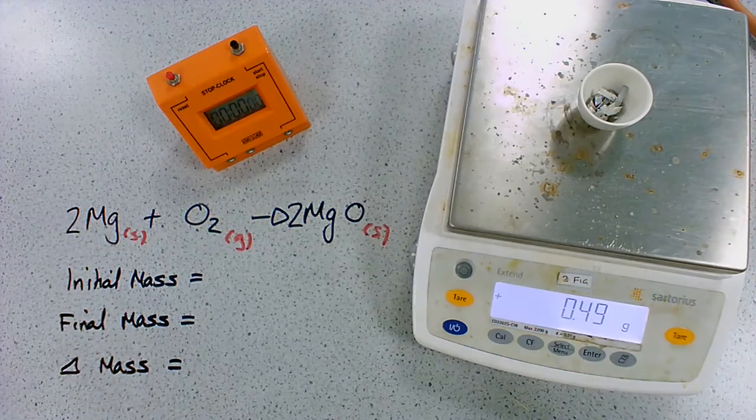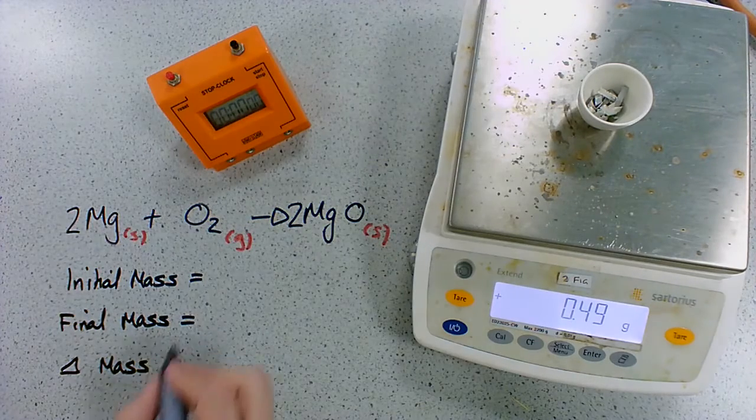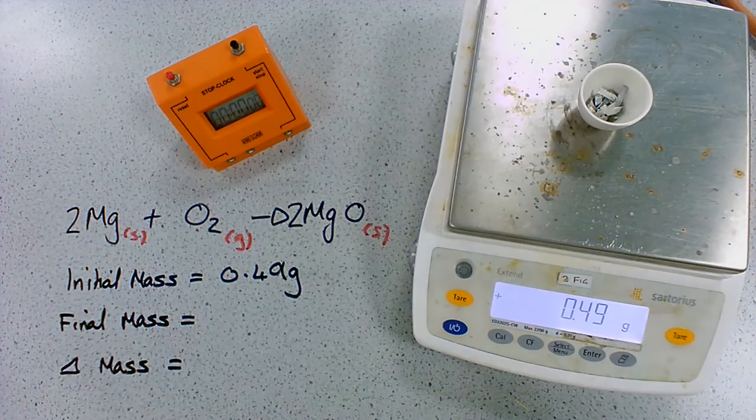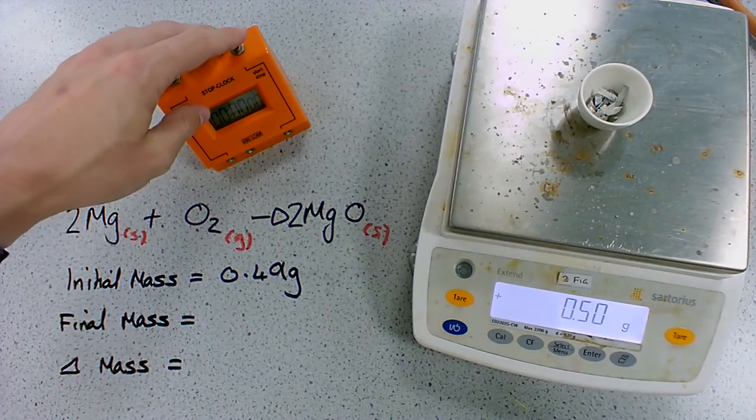So again, we're going to record our initial mass, 0.49 grams, and we're going to react it with oxygen by heating it with a Bunsen flame for a minute, and then we're going to record the final mass and then look at what change in mass occurs.